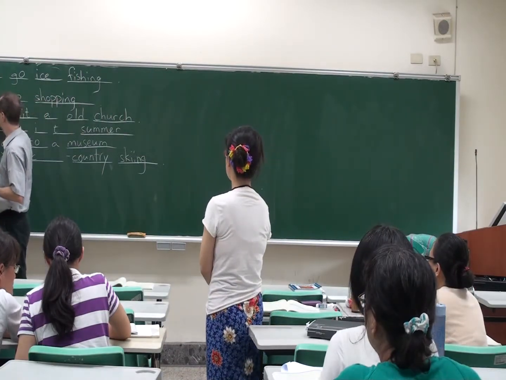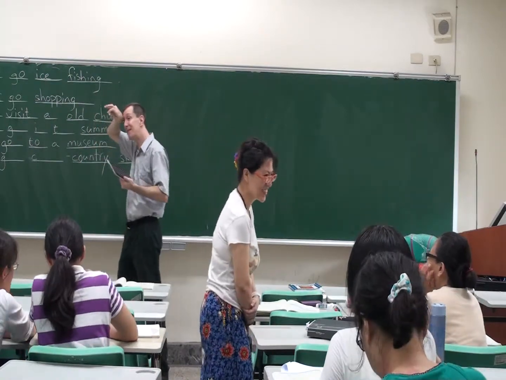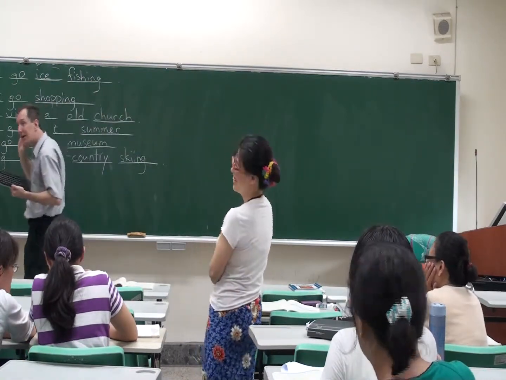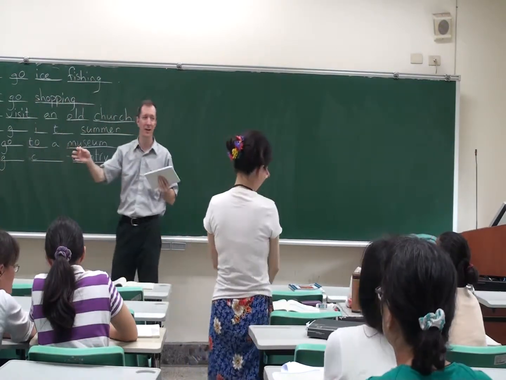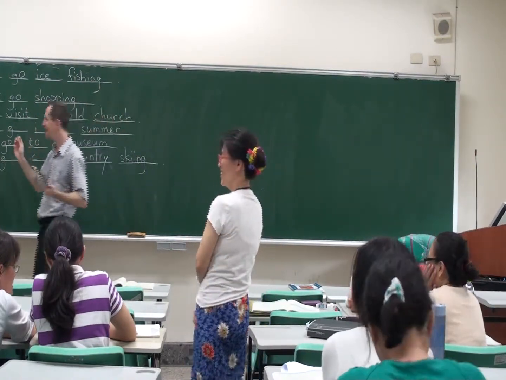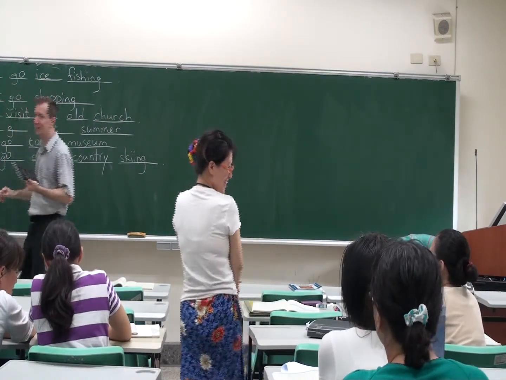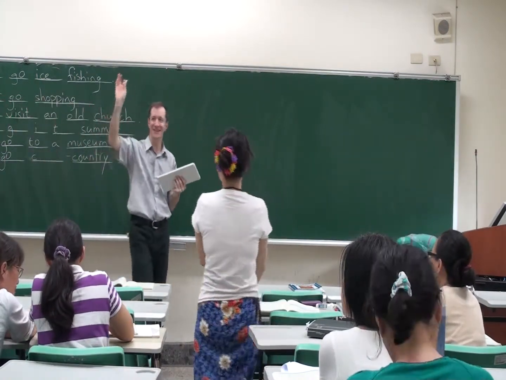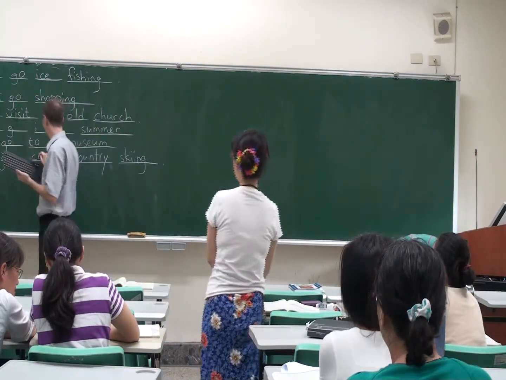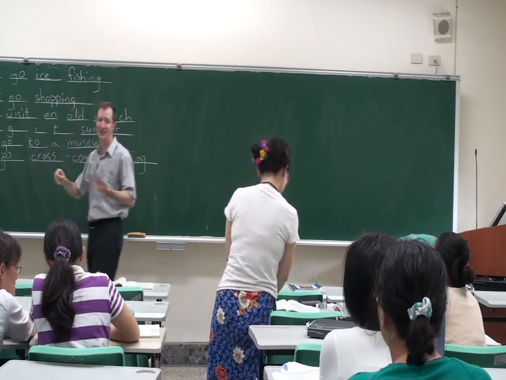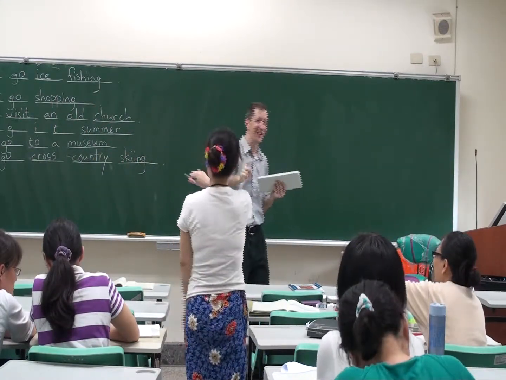Cat. Okay, next one, Wendy. And orchard. Okay, good. Thank you. Next one, Dora. You can go. Okay, good. Thank you. Next one, Eliza. Cross country. That's it. Okay.